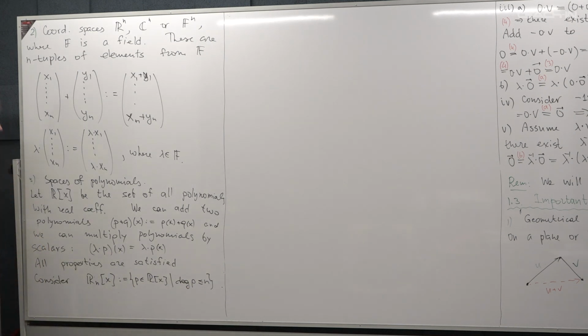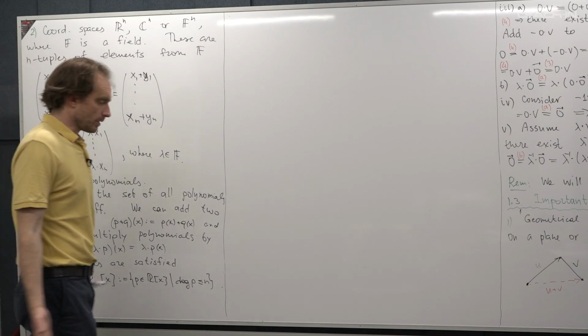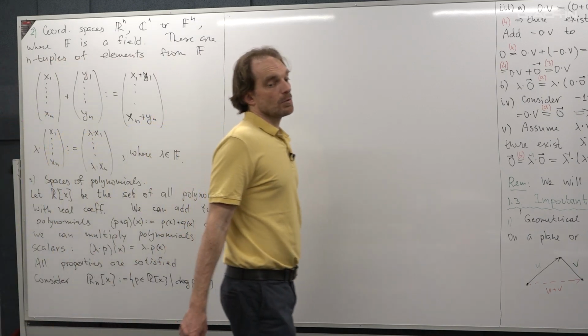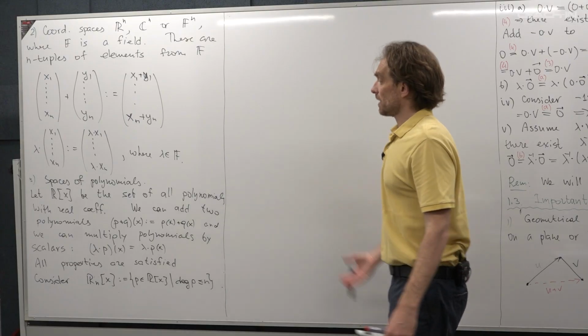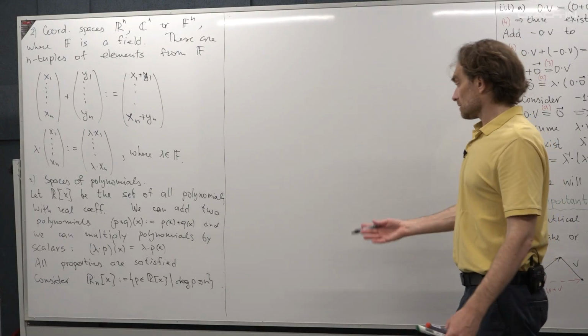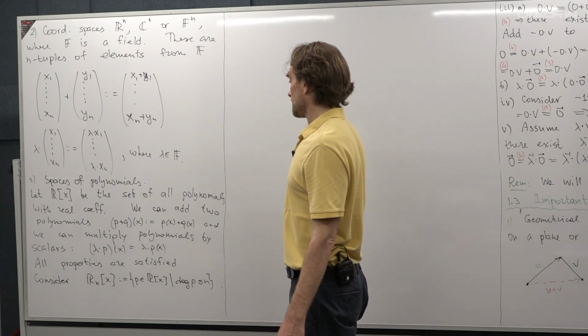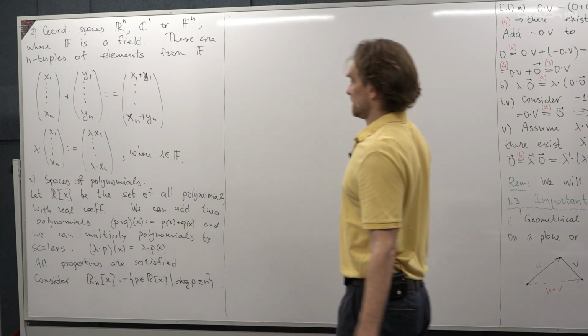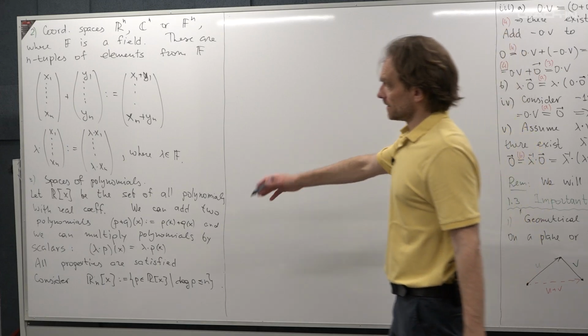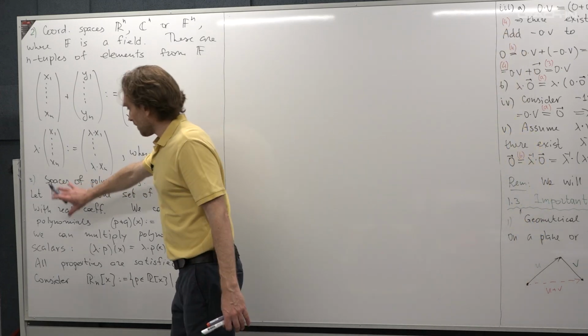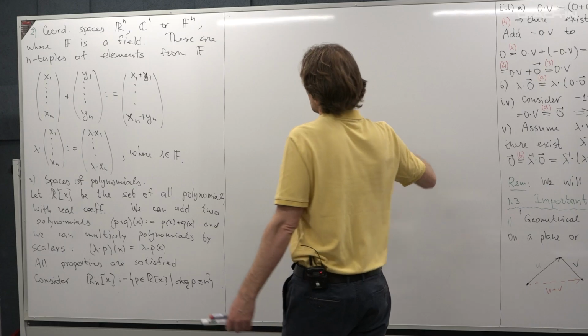So when we add two such polynomials, we also get a polynomial of degree not greater than n. When I multiply such a polynomial by some constant, I also get a polynomial of degree not greater than n. And so obviously all the properties are satisfied just because they are satisfied in the larger set of all polynomials.